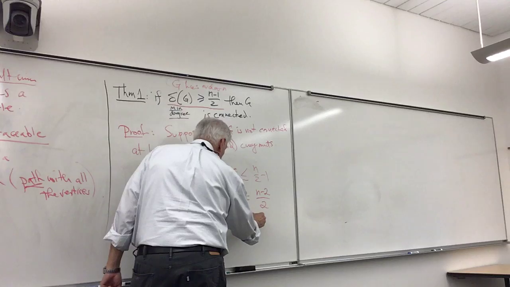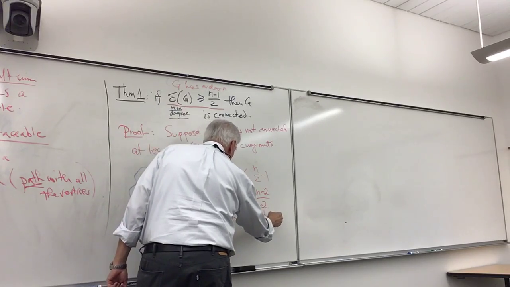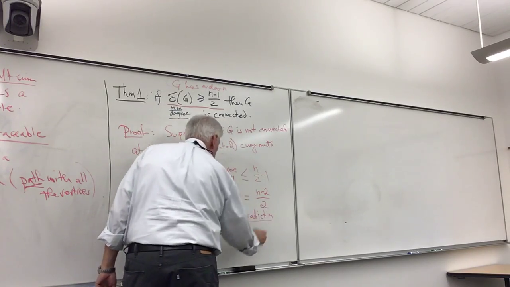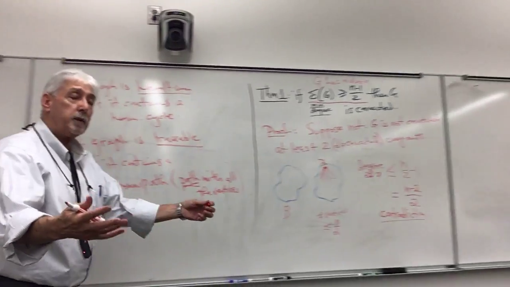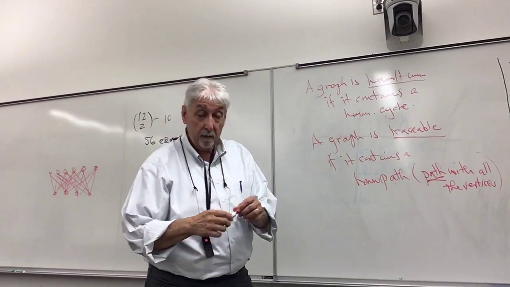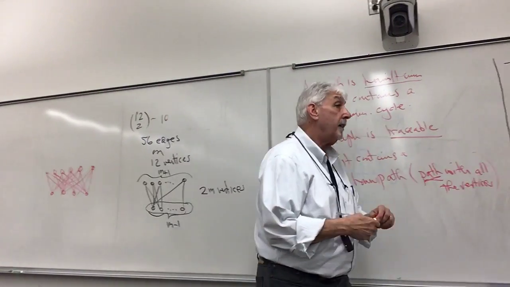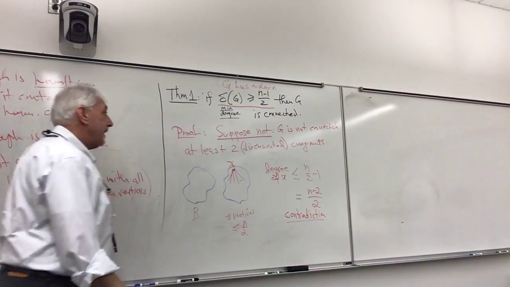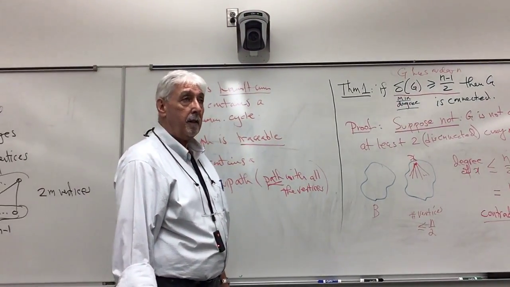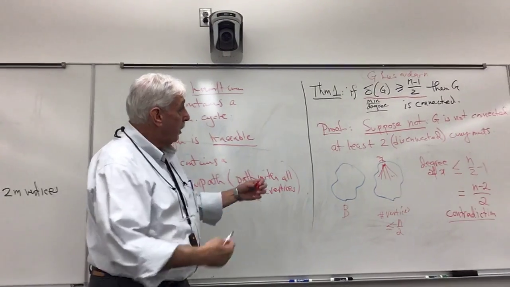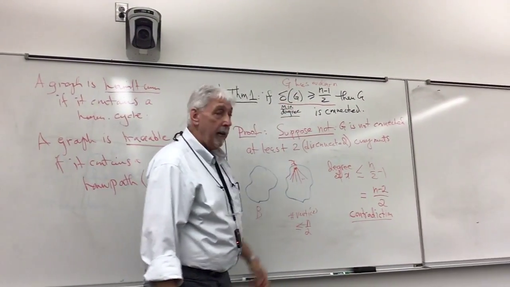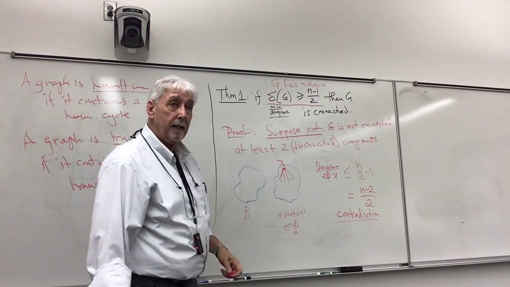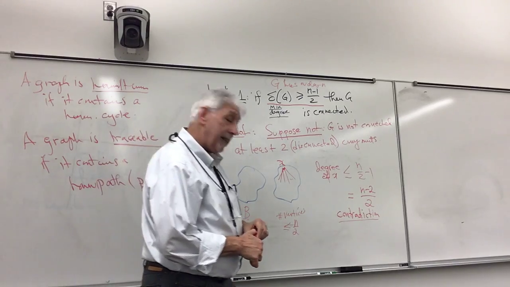Is that clear? So what did we contradict? What assumption did we make? The assumption was that G is not connected. So what did we just prove? If the min degree is at least (n-1)/2, then G is connected. This is important.